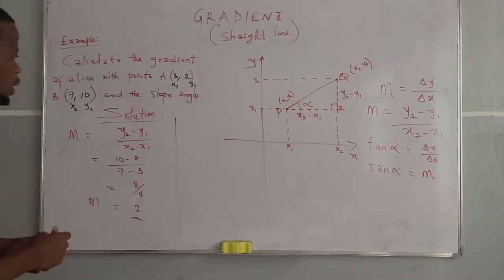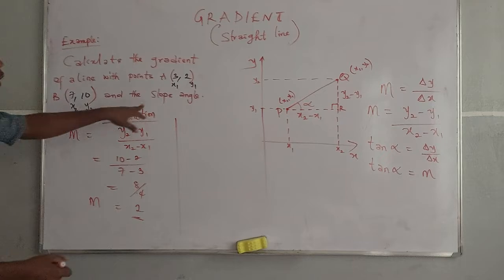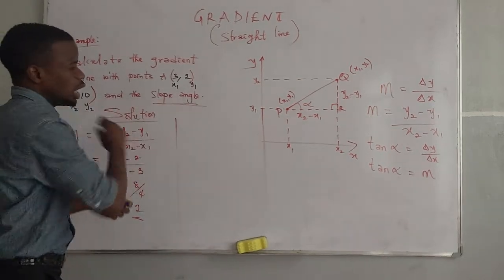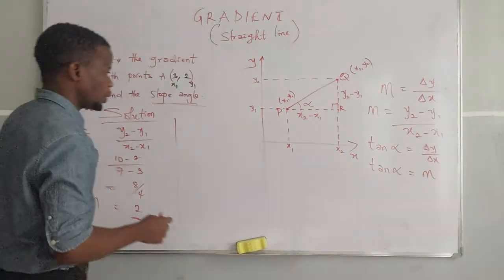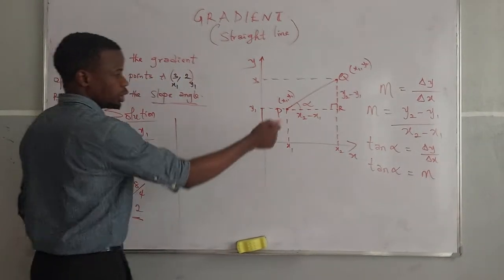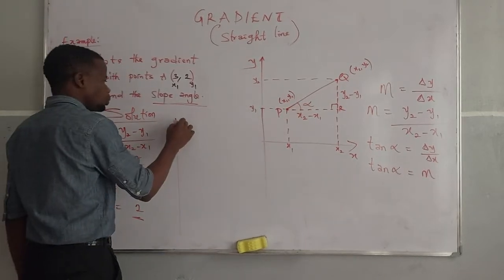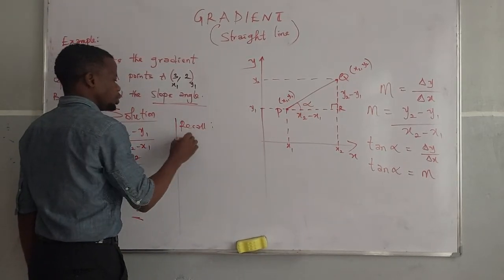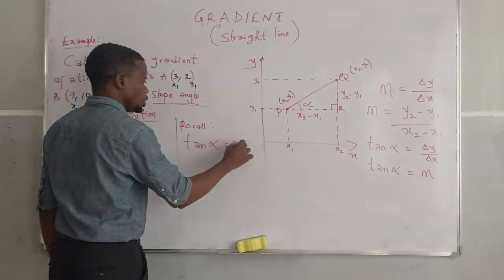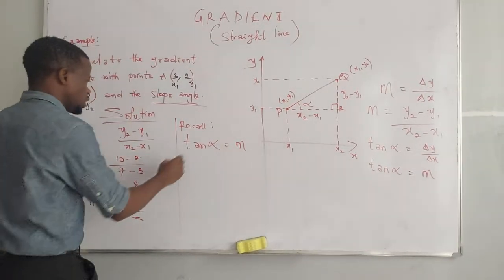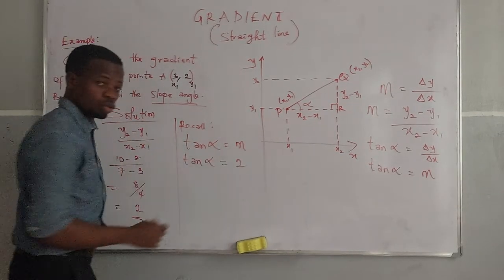The next question states that we calculate the slope angle. That is what we are looking for, right? We know that there's a relationship between the tangent of the slope angle and our gradient. So we write that tan alpha is equal to the gradient, so tan alpha is equal to 2.